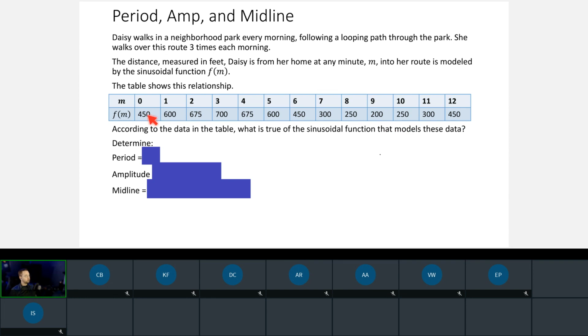So what is the period of this? You would think it's 12. It's not. So this one, I know these drive me nuts. The period of this is actually 11.